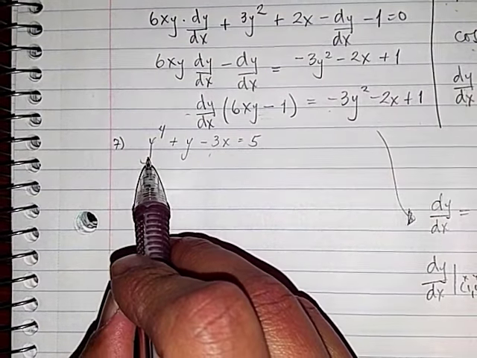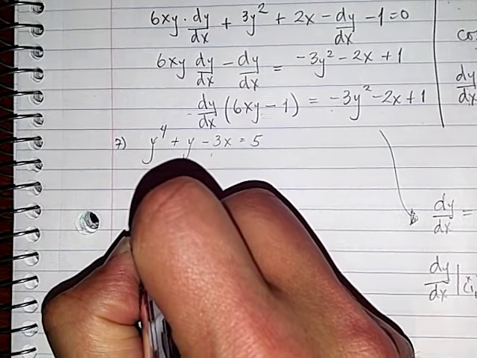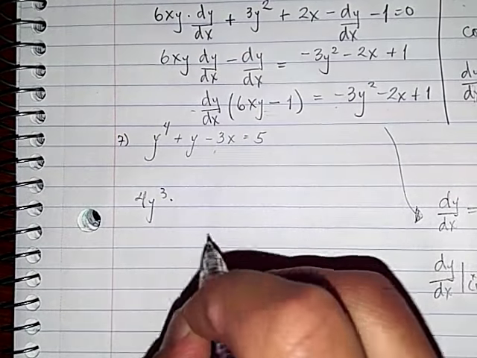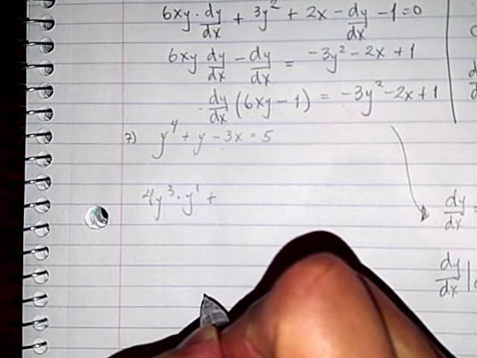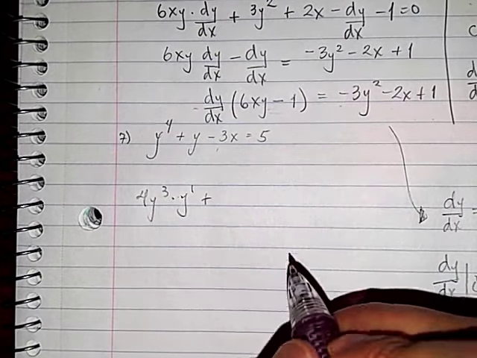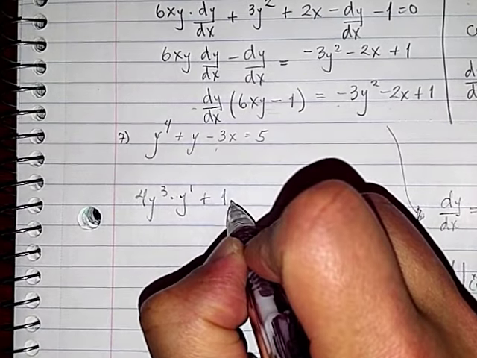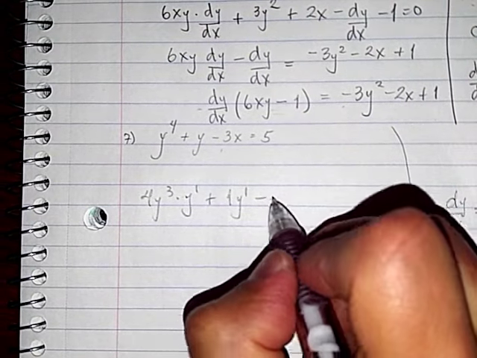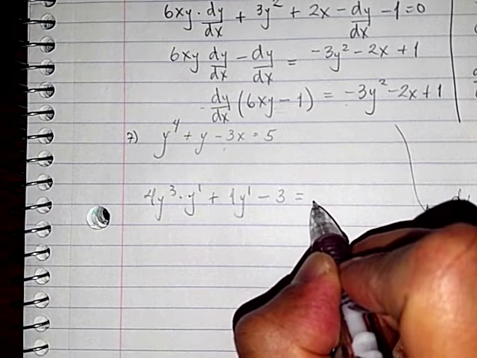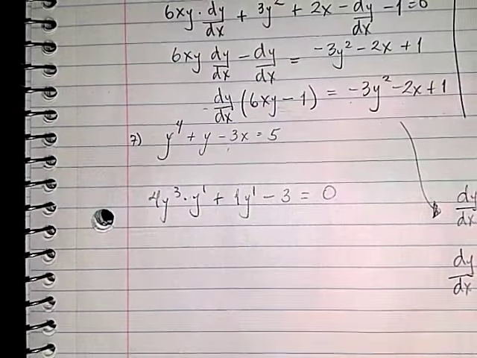This one's a little bit easier, seems like it. So this guy becomes 4y cubed times, of course, y prime. The derivative of y is 1, but of course, because it's with respect to y, it's y prime. Derivative of 3x is 3. The derivative of 5 is 0. All right.